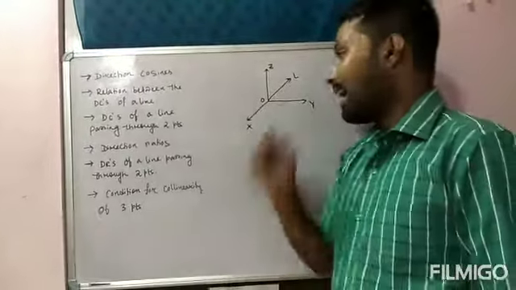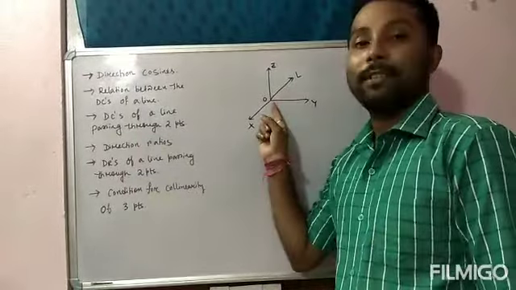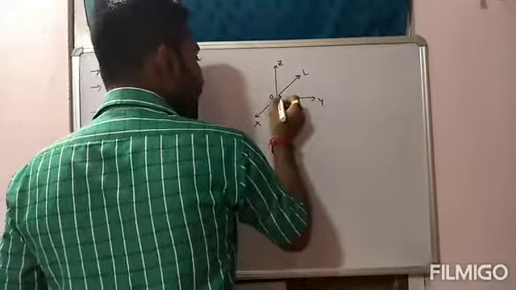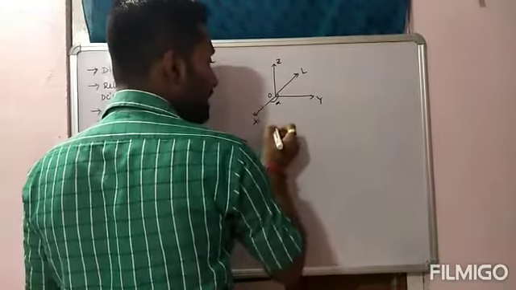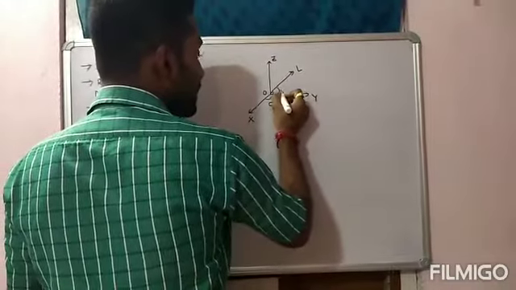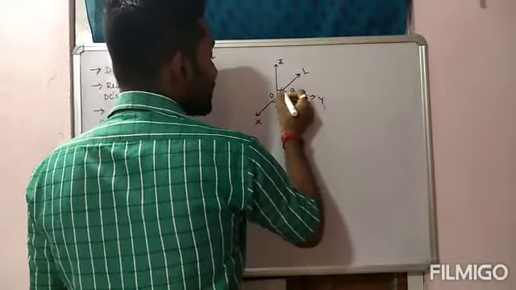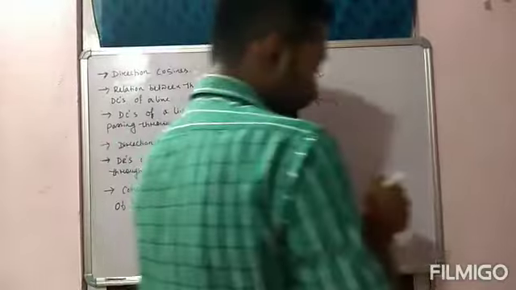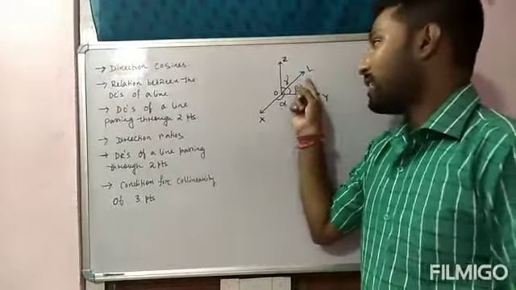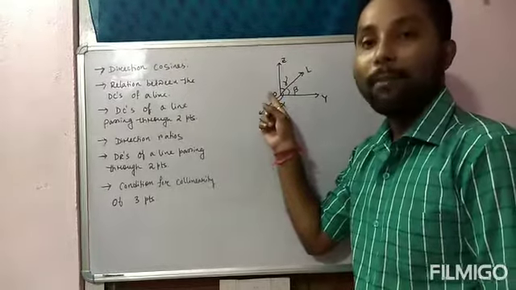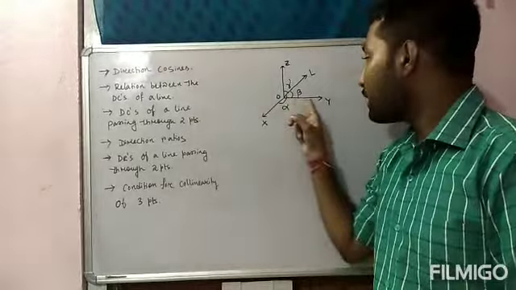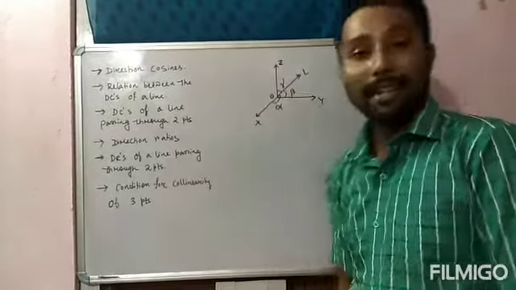Suppose there is a line L which is passing through the origin, and this line makes an angle alpha with x-axis, beta with y-axis, and gamma with z-axis.